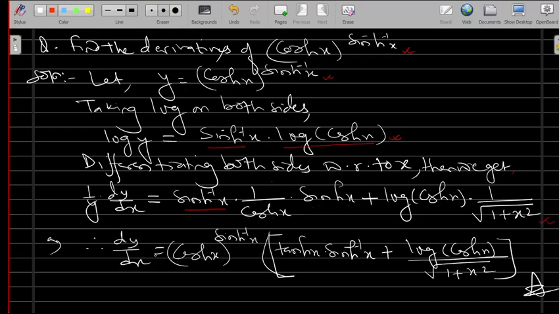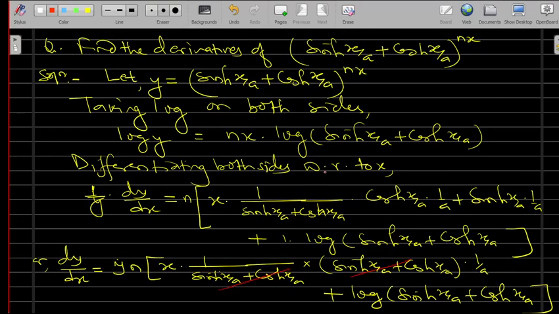Therefore dy/dx equals y, which is hyperbolic cos x to the power hyperbolic sine inverse x, times hyperbolic sine x by hyperbolic cos x, which is hyperbolic tan x, and this is sine hyperbolic sine inverse x, plus log cos hyperbolic x over root under 1 plus x square. This is the answer in a shortcut way.